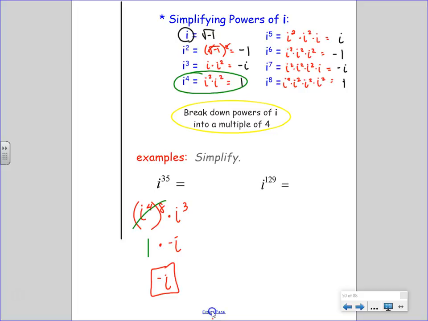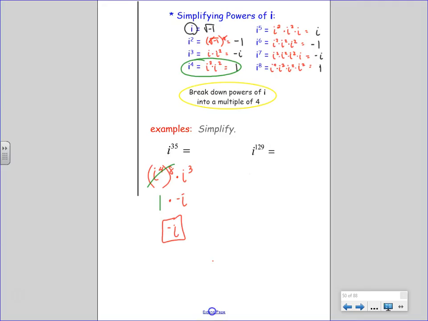Oh, 32. You can do division, right? 129, just divide by 4 real quick, and we have a 3, and that 12 goes away, and then we have a 2. How many i's are left? So what does that whole i to the 4th piece become? Just 1. And 1 times i is i.